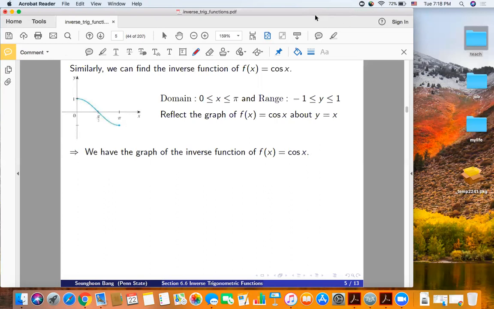So how can you find it? You draw y equals x. Next, reflect the graph of cosine of x about y equals x. You just reflect, like this.